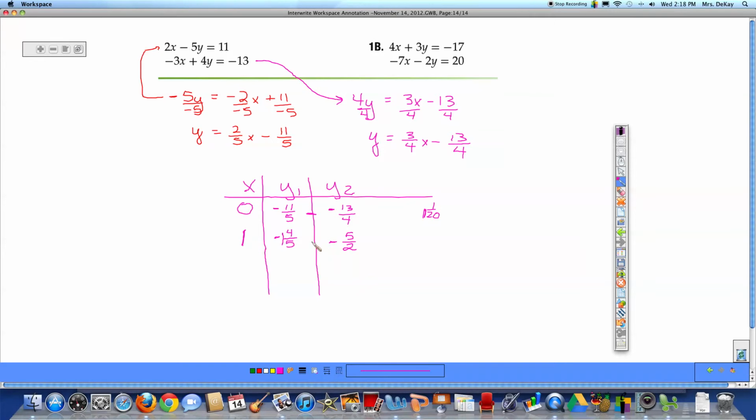Happy with that? If I subtract these, what do I get? So am I getting closer to 0? Yes. Oh, I am. I'm kind of close to 0 right now, aren't I?